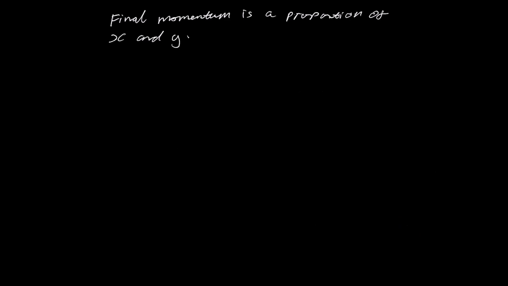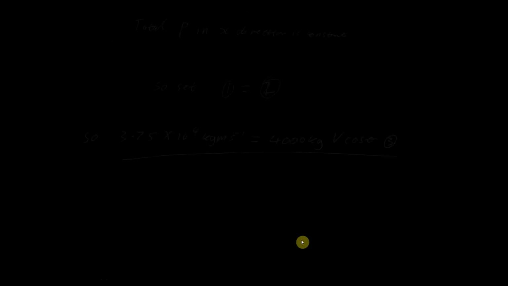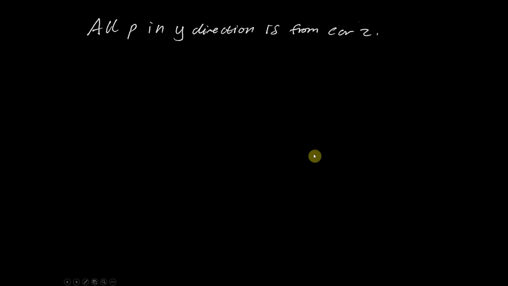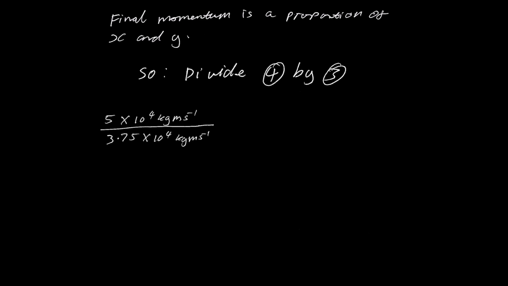So the final momentum is a proportion of x and y. It'll be partially momentum in the x and partially the momentum in the y. So what we can do is divide equation 4 by equation 3, essentially saying that the proportions will be this equation divided by this one. That means we'll have 5 times 10 to the 4 divided by 3.75 times 10 to the 4.